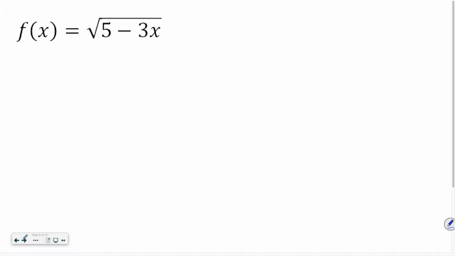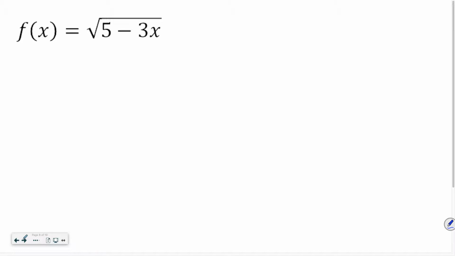So we did a lot of rewriting when we used the power rule. We cannot use the power rule here because we can't split a radical up if there's addition or subtraction underneath.